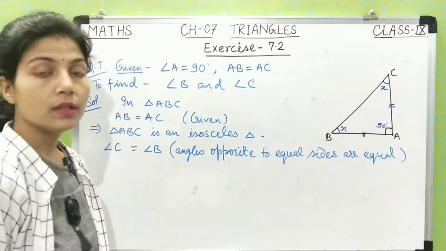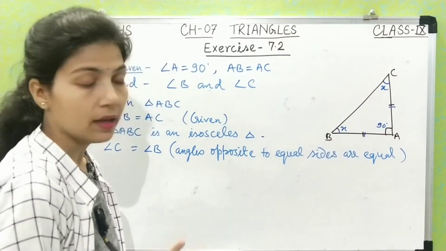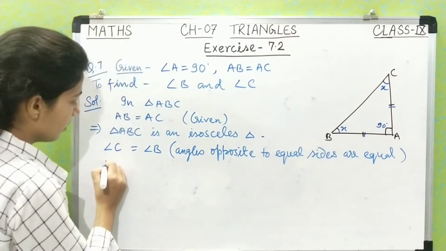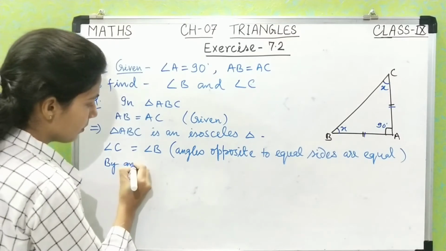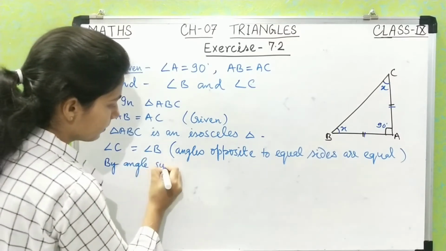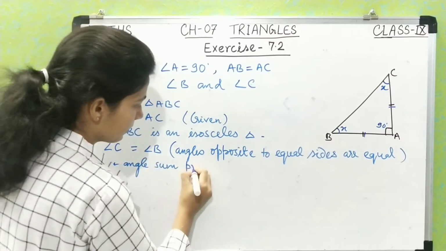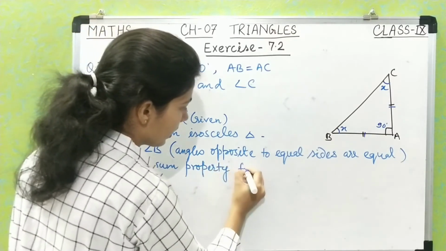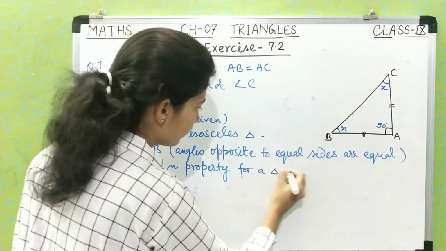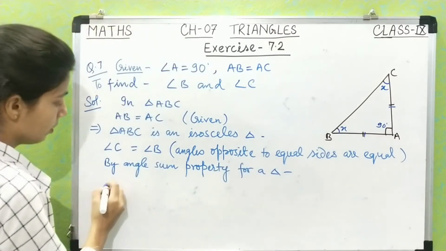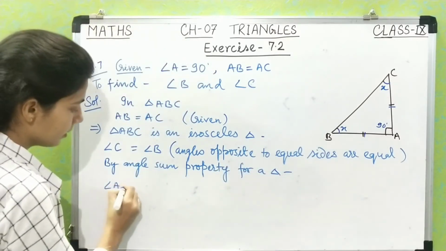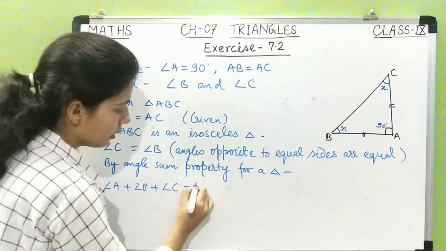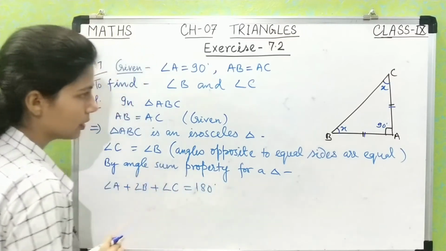As we know, the sum of all the three angles in a triangle is 180. So we will write by angle sum property for a triangle: angle A plus angle B plus angle C equals 180.